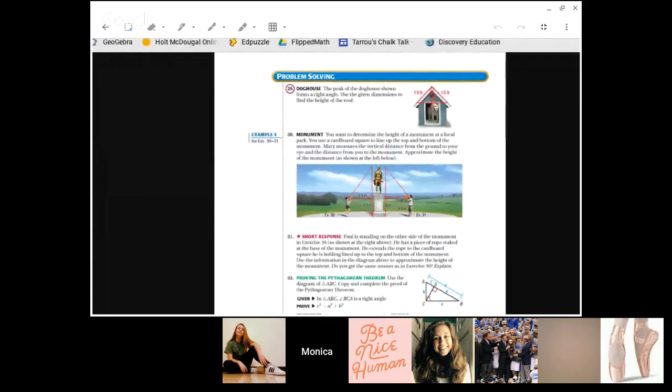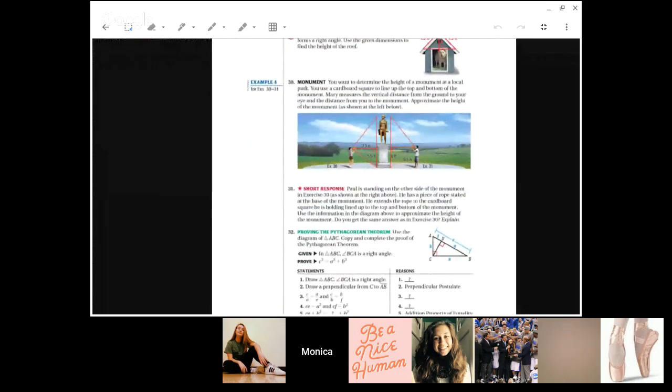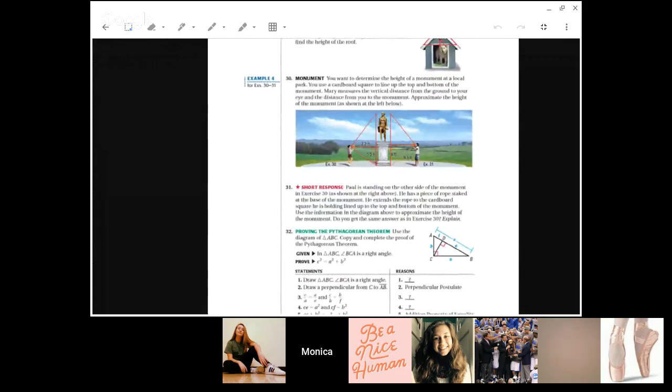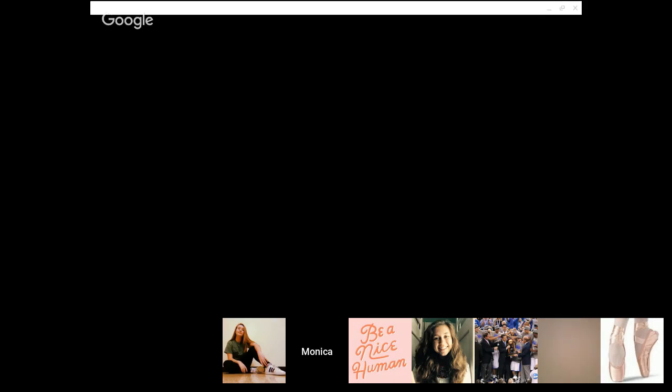Measure the vertical distance from the ground to your eye and the distance from you to the monument. Approximate the height of the monument as shown at the left below. So for number 30, we're only focusing on the left side of the picture. Okay, this looks very similar to me to one of the questions in your notes that we talked about yesterday.